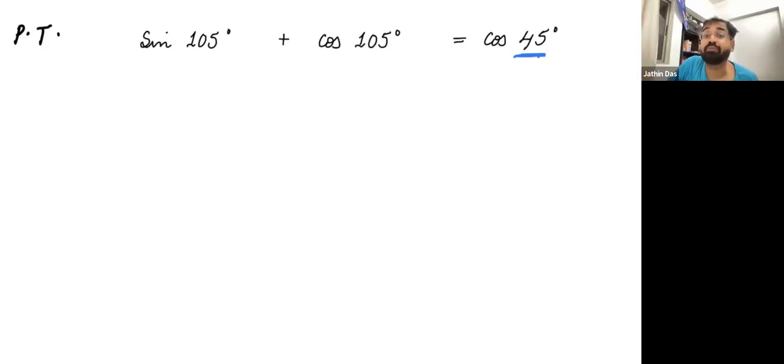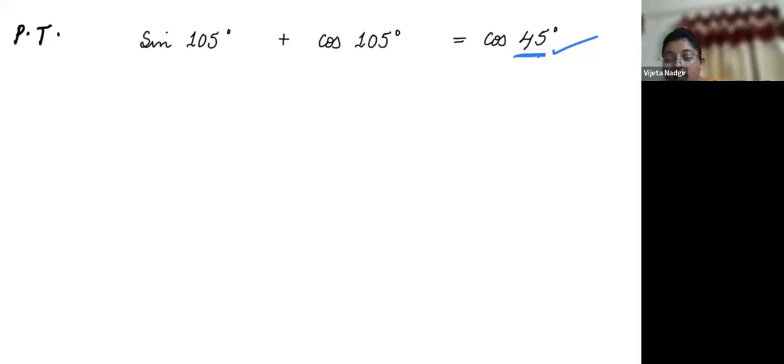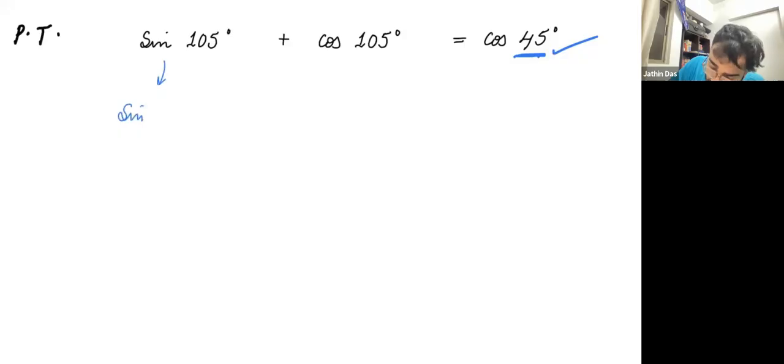Sometimes every time you don't have to play with 180 and 90. Here they are directly saying to play with 45. So what is 105 minus 45? 60, no? And 60 is a known angle. So you can easily write the value there.